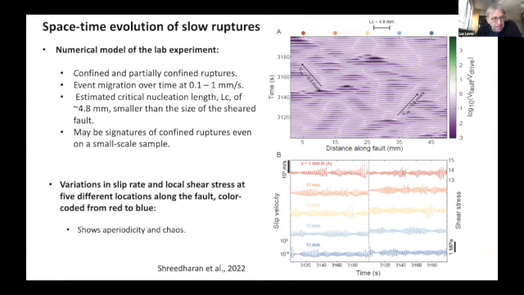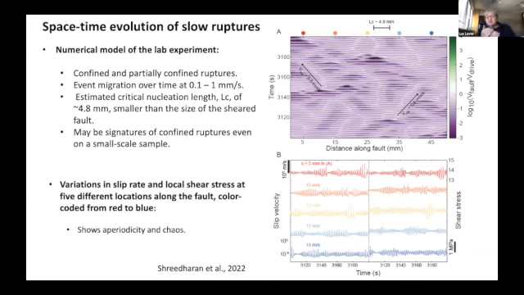The estimated critical nucleation length, H star or L_c, is about 4.8 millimeters. This is smaller than the size of the shear fault zone. The fault zone is 5 centimeters, and the critical length is about 4.8 millimeters. This may be seen as confined rupture even in small scale samples.